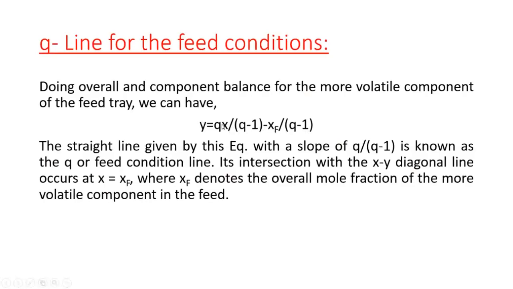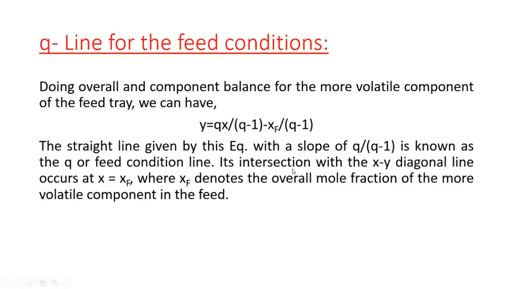For a particular distillation operation, q by (q minus 1) is constant, and xF by (q minus 1) is also constant. So this equation is of the form y equals mx minus c, which gives a straight line with a slope of q by (q minus 1), known as the Q line or feed condition line.